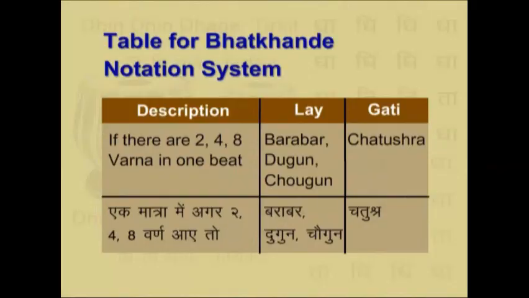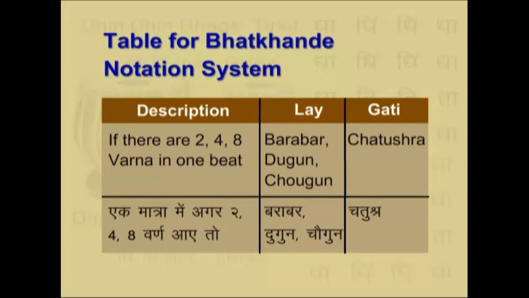I would also like to narrate one table, which is very necessary if you want to write compositions in Bhatkande system. If there is one varna in one beat, or 2 varnas, or 4 varnas, or 8, in those multiples, it becomes a lay of barabar, or dugun, or chaugun.